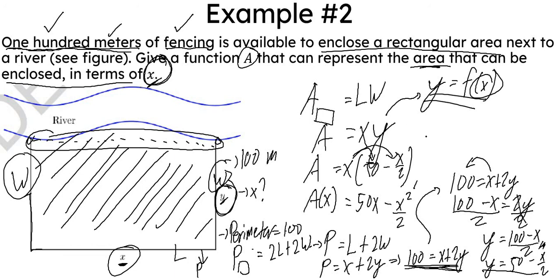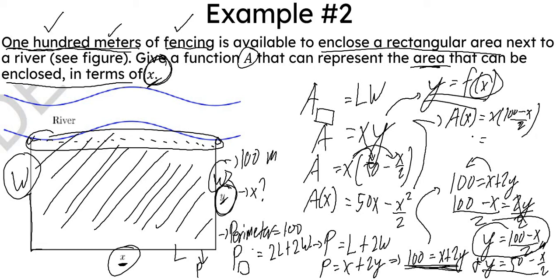Or, let's just write it up here. We can also have a of x, instead of using this one, we will use this one instead. We will have x times 100 minus x over 2. And that will give us a of x equal to 100x minus x squared over 2.